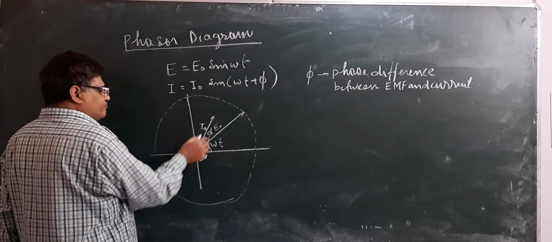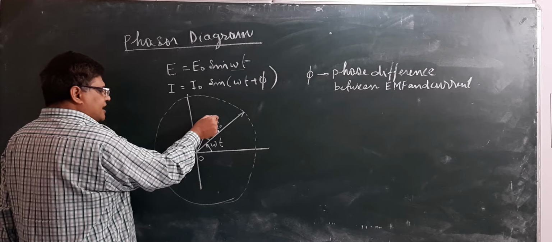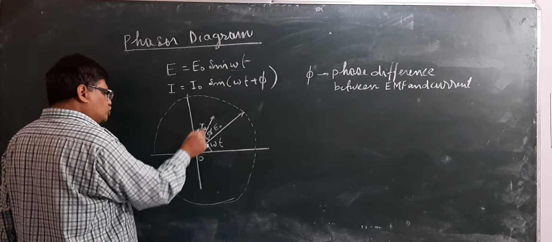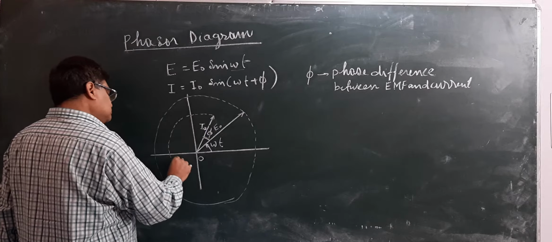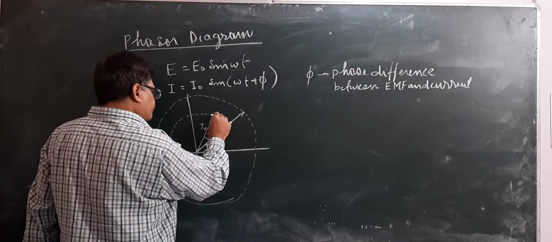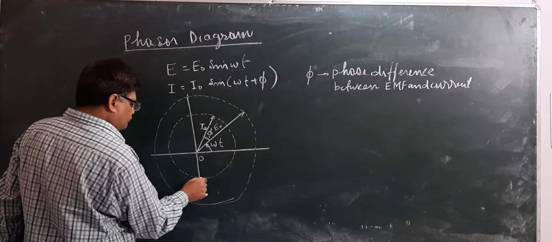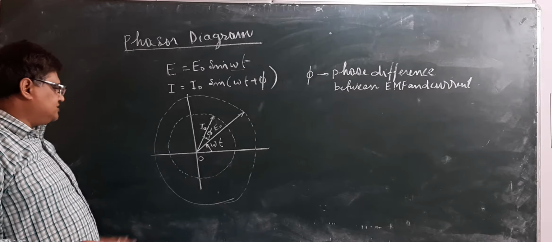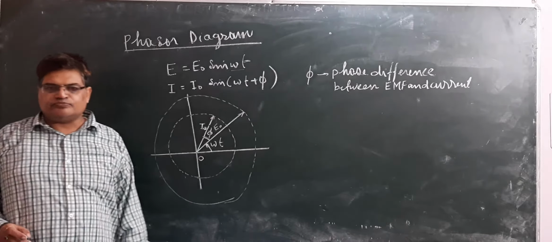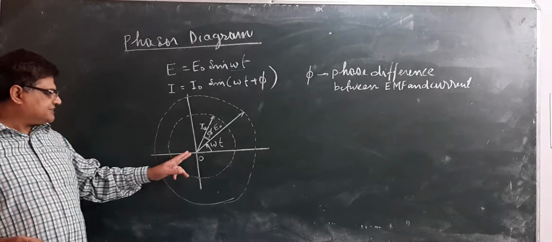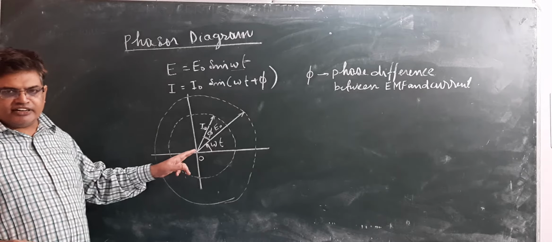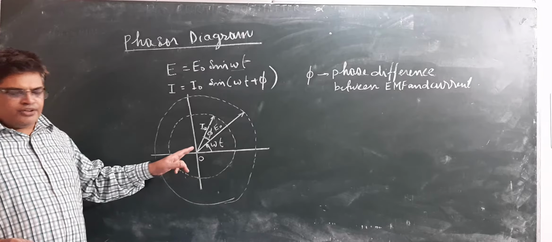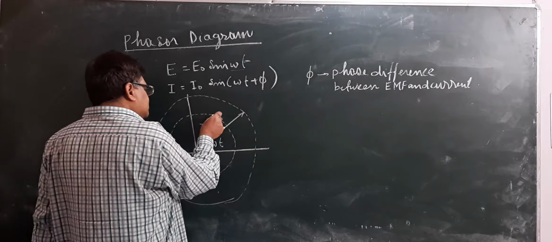Then here also we'll take this as the radius and complete the circle with center O. Now this is called a phasor diagram in which this EMF and the current are expressed as rotating vectors and their projections.